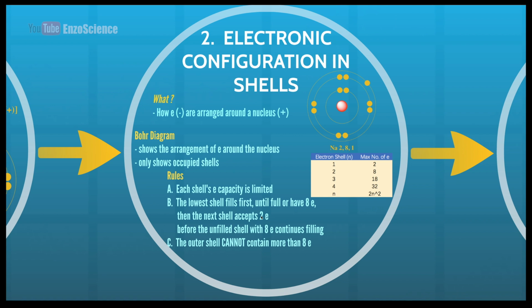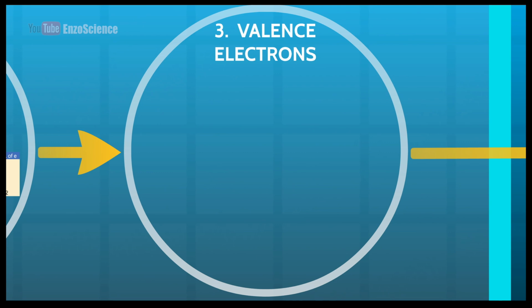This rule is actually a bit complicated, so I will show you how to apply it when we solve exercise questions. The third point is that the outer shell cannot contain more than 8 electrons. Please remember that you need to follow all of these 3 rules at the same time when arranging electrons in an atom.